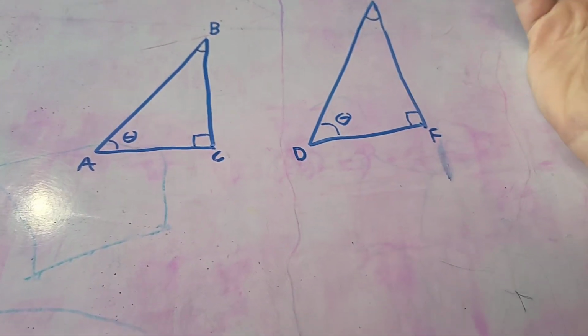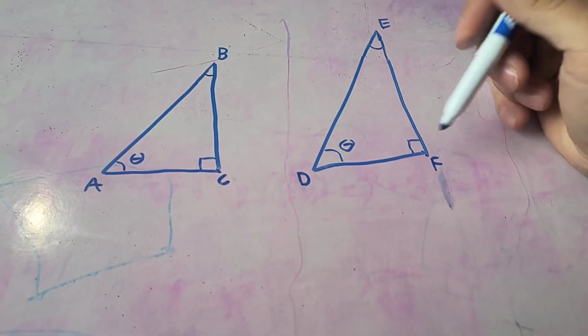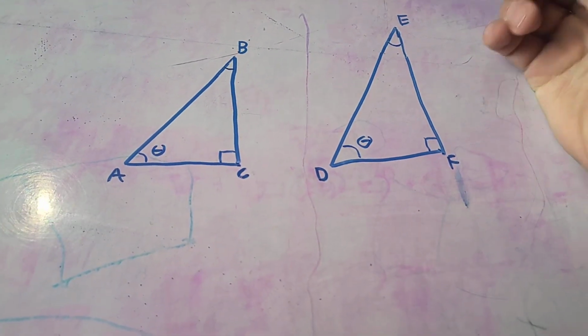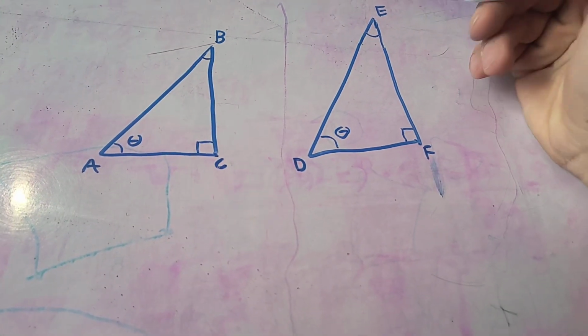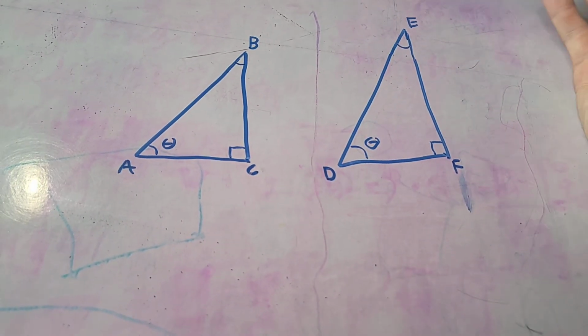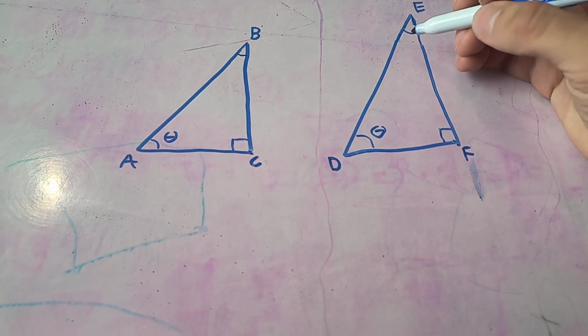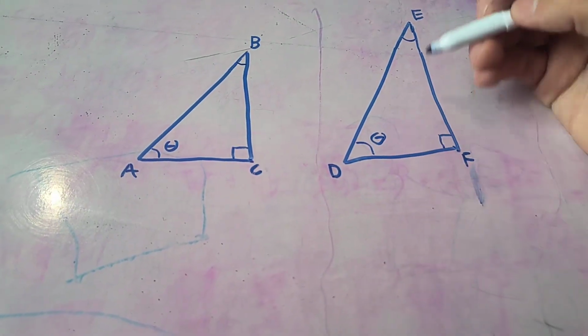This angle will be equal to 180 minus 90 plus theta, which is the same thing as saying 90 minus theta. Since we already got 90 right here, it'll just be 90 minus theta.